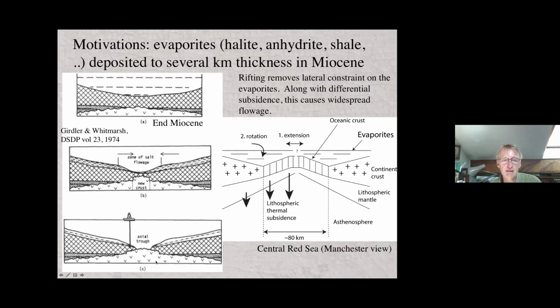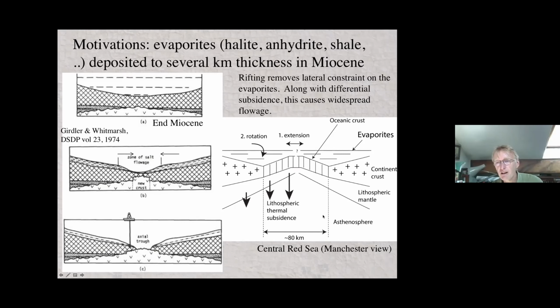So what we see at the present day, we can quite often see oceanic crust exposed at the center, and then these thick evaporites, which appear to be flowing inwards. And in their view, the flowage was driven by the extension. As the plate is separating, the evaporites are flowing in to fill the gap.